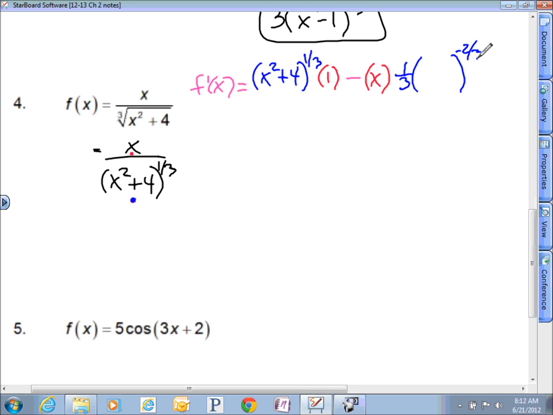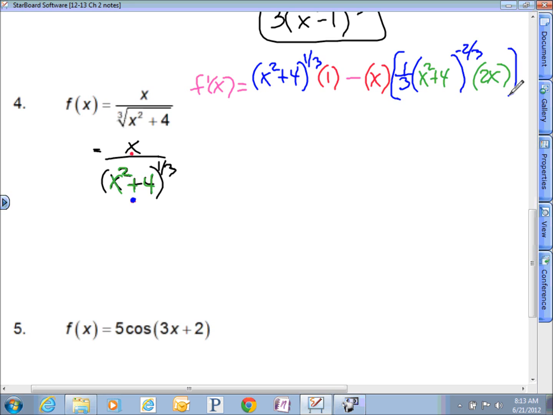And then we've got to ask, what's that something? Well, that x squared plus 4 is inside of something to the 1/3. What's the derivative of the x squared plus 4? 2x. And then don't forget to put your x squared plus 4 back in.